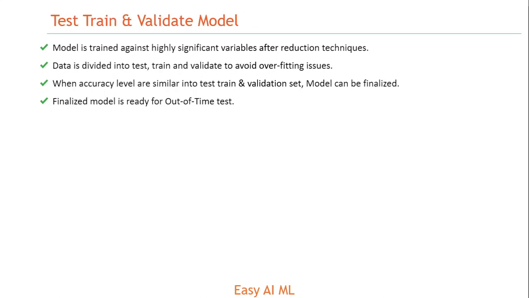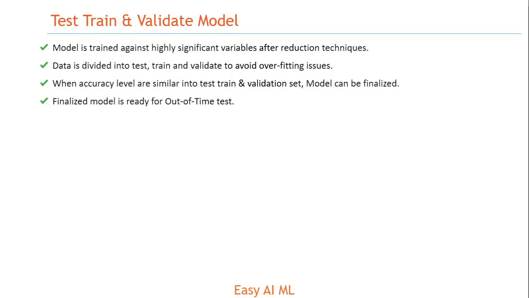Now the next part is testing, training and validating of a model. The model is trained against highly significant variables after reduction techniques. Now we divide this data into test, train and validate to avoid the overfitting issue. Overfitting is when during the training of the model we get a very high accuracy, however, while testing out of time, we do not get that much accuracy.